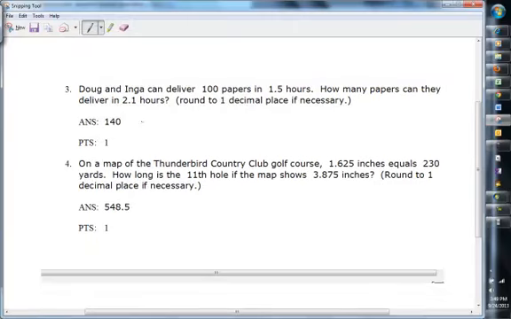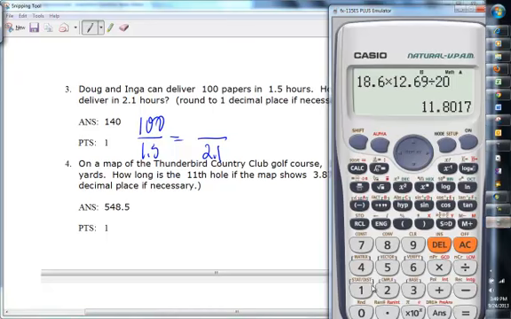So 100 in 1.5, how many in 2.1? So on our calculator, we would have 2.1 times 100 divided by 1.5 gives us 140 newspapers.